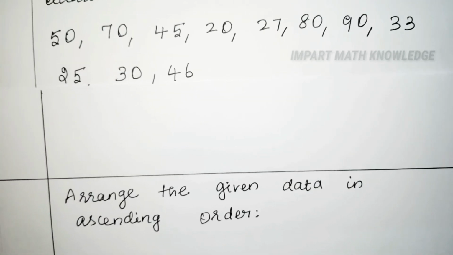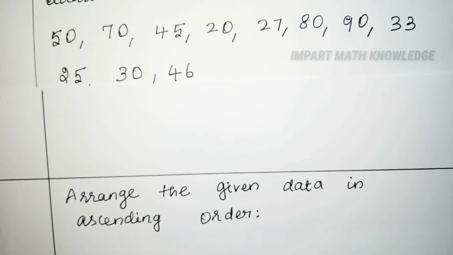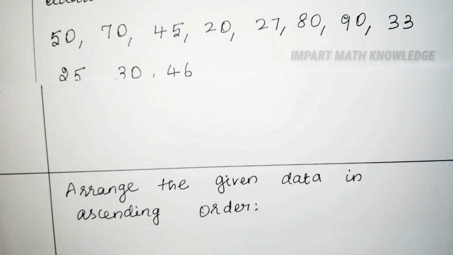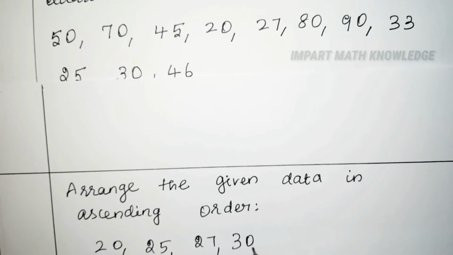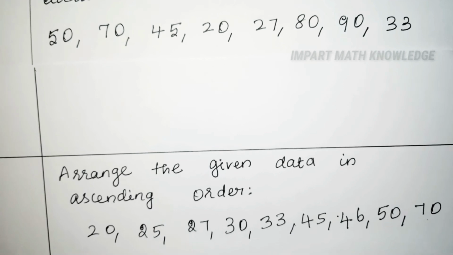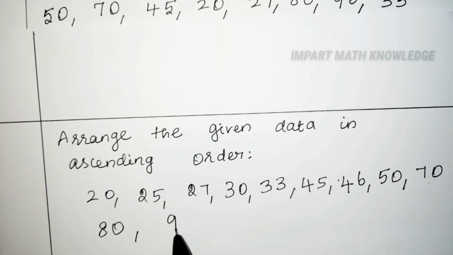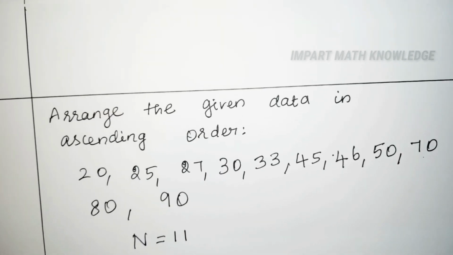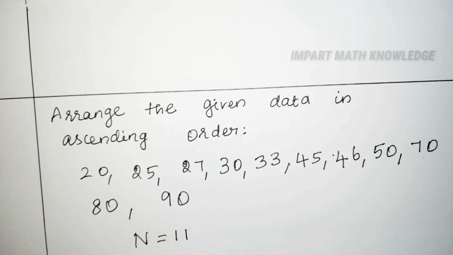For finding quartiles, we have to arrange the given data in ascending order. The values are 20, 25, 27, 30, 33, 45, 46, 50, 70, 80, 90. Here n is equal to the number of items, that is 11.